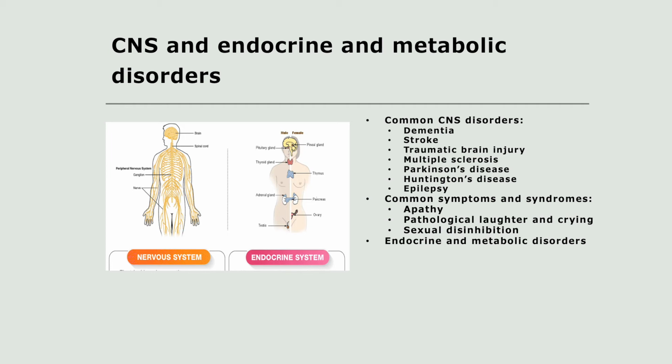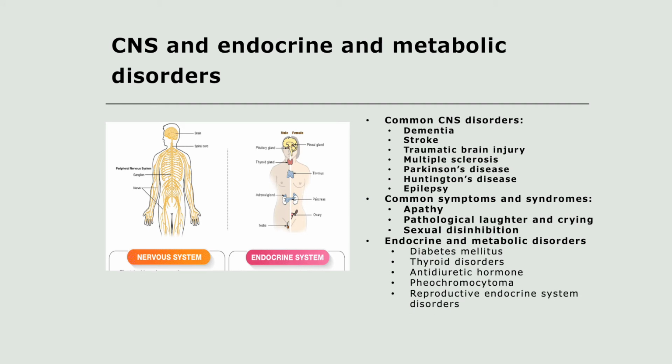Although the next slides contain more information about endocrine and metabolic dysfunction, the most common disorders covered in the unit include diabetes mellitus, thyroid disorder, antidiuretic hormone, pheochromocytoma, reproductive endocrine system disorder, and hypogonadal disorder.